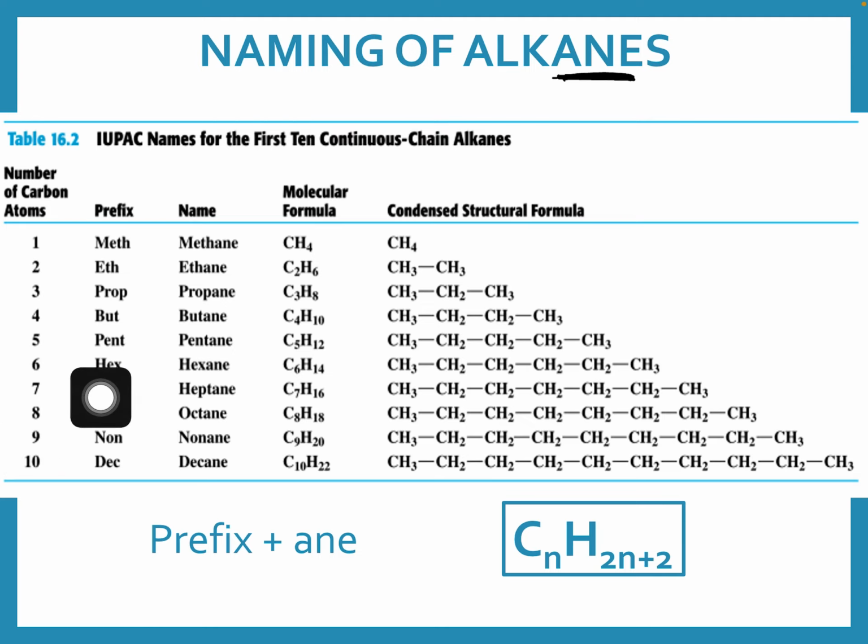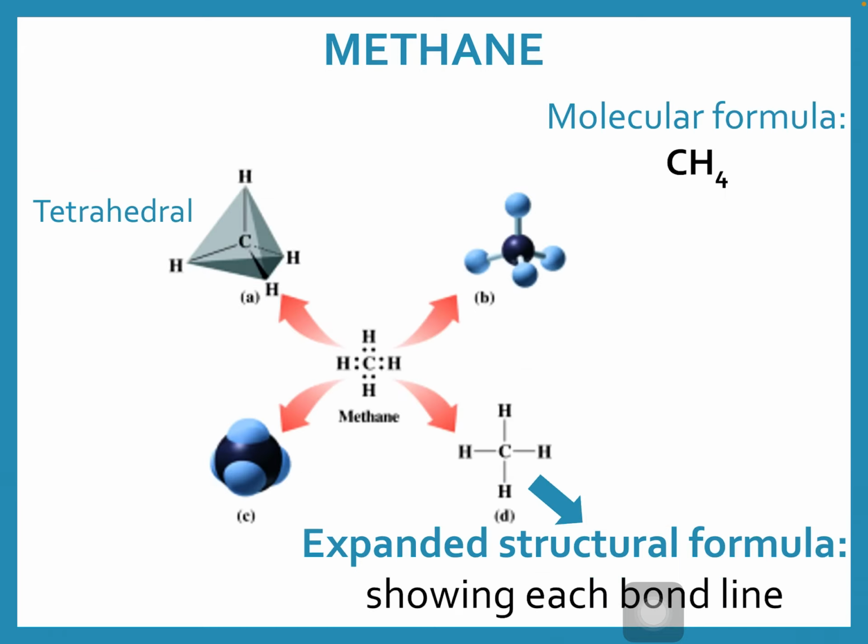And then the prefixes here will tell us how many carbons there are in that backbone. And then hydrogens, we are just going to double our carbons and add 2. Or if we were drawing out the structural formula, we could count, so adding in enough hydrogens that every single carbon has 4 bonds total. So if we look at methane here, methane is 1 carbon, so meth is the prefix for 1 carbon.